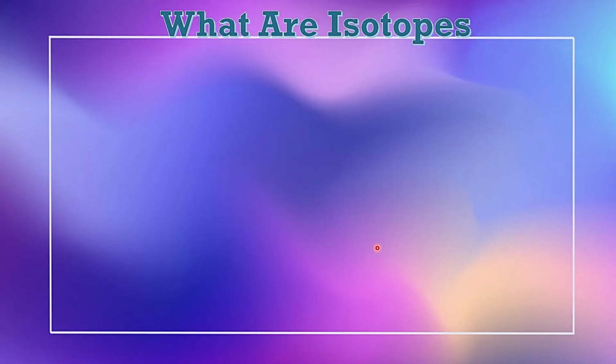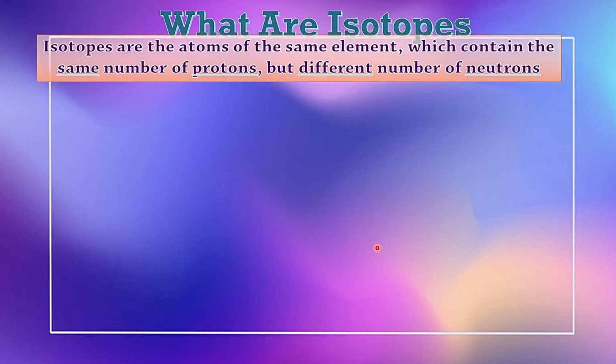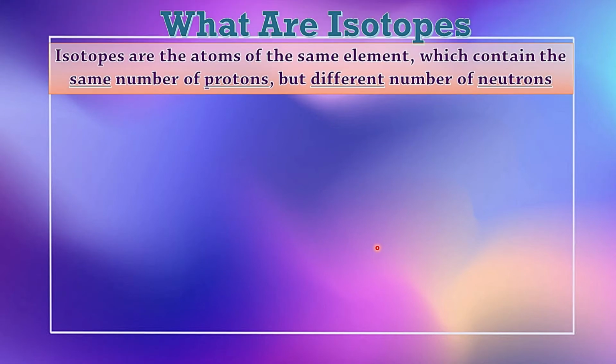Now, isotopes. What are isotopes? Isotopes are atoms of the same element which contain the same number of protons but a different number of neutrons. This is important. These are species related to the same element, having the same number of protons but different numbers of neutrons.